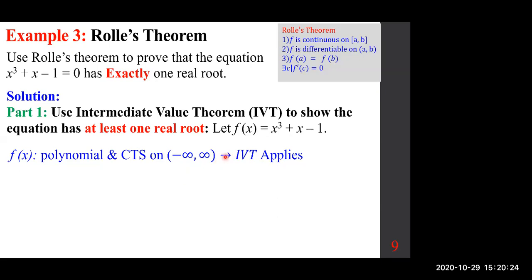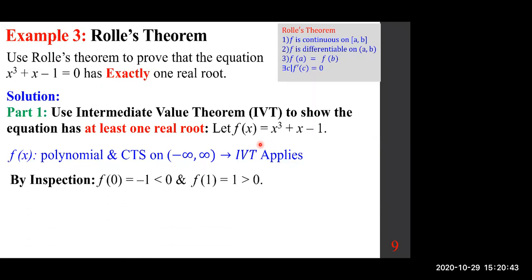Now, by inspection, you notice the moment you plug in 0, you get negative. I hope you see that. But if you plug in 1 or 2 or 3 or 5, it quickly gives you positive. Again, this is by inspection, class.